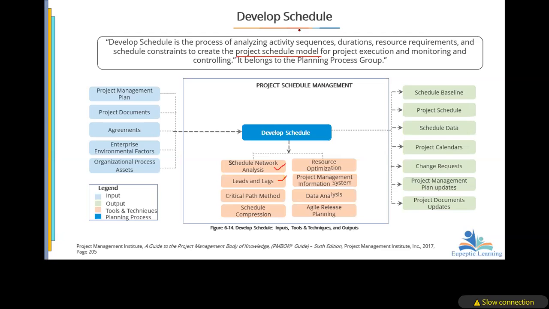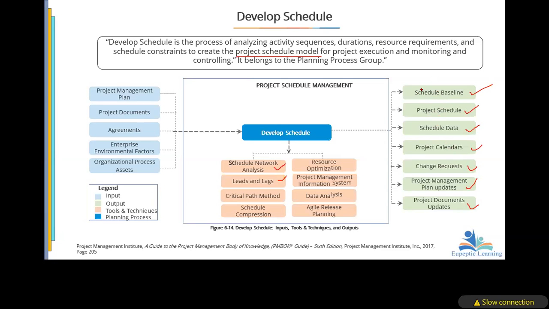What is the output? Look at the output. We have the schedule baseline. We have the project schedule, then we have the schedule data, project calendars, change requests, and then the project management plan updates and the project document updates.